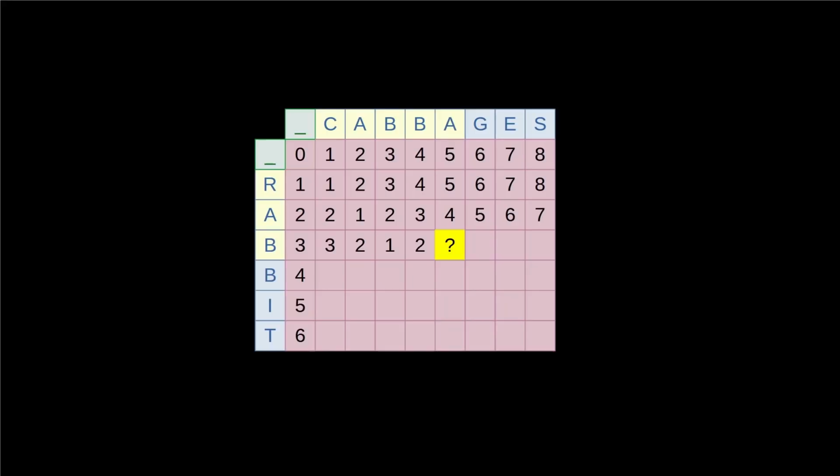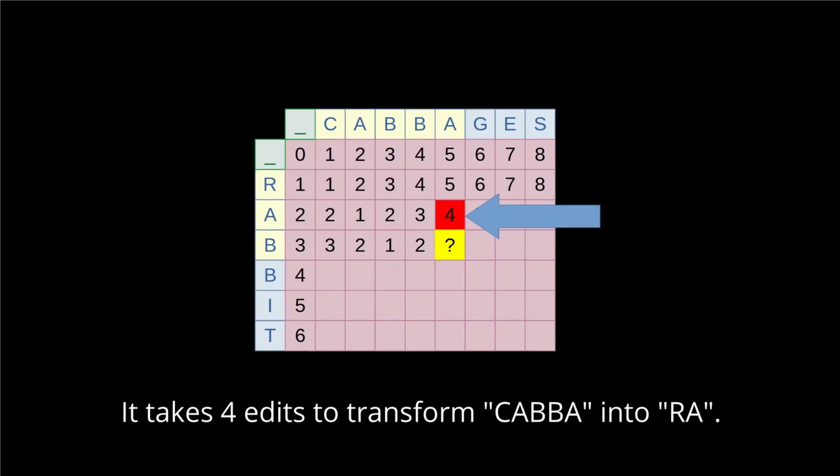That's what this box signifies. But in order to figure this out, we've actually got the surrounding numbers in our matrix. So we've computed some of these values before, and we can use those numbers. This 4 just here, above the box that we're interested in, means that we've already worked out the edit distance between the substring CABBA and the substring RA is 4.